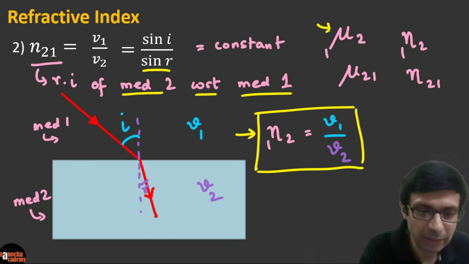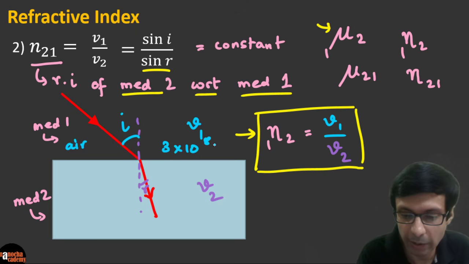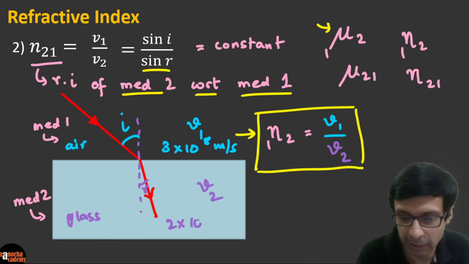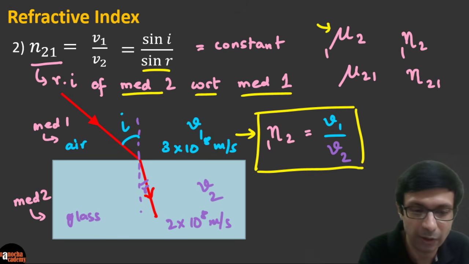And if we take this example here, like we said, let's say medium 1 is air, so the speed of light is going to be 3 into 10 to the power 8 meter per second. And this velocity, let's say in glass, is 2 into 10 to the power 8 meter per second. So let's use this refractive index formula and find it out.